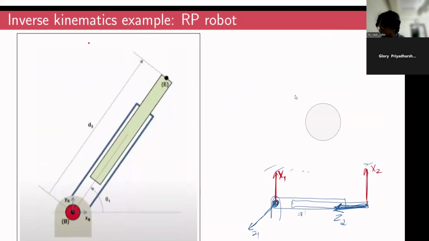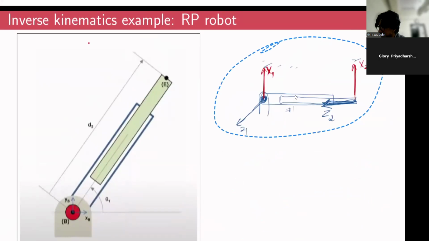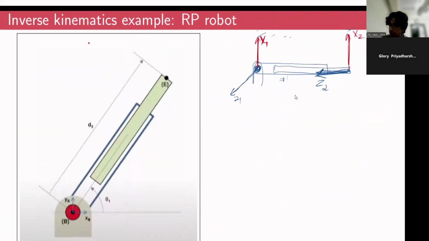Now, how do you find the DH parameters for this one? Now you have the first transformation. These are individual transformations.